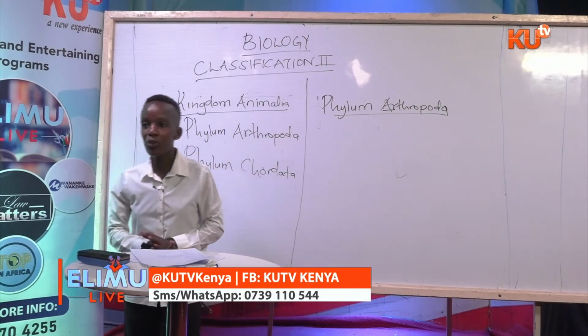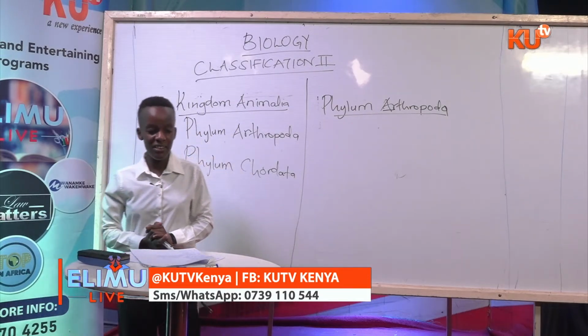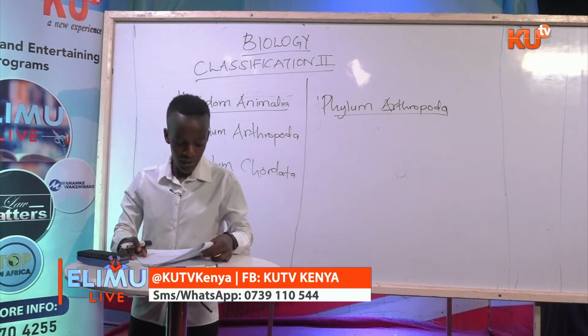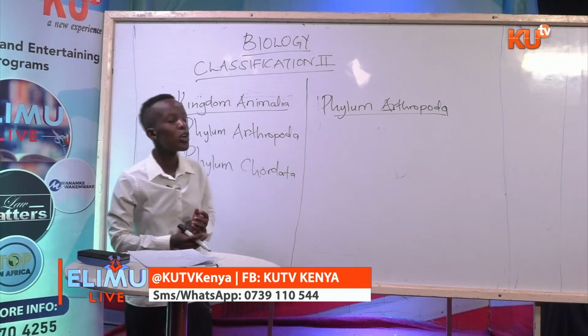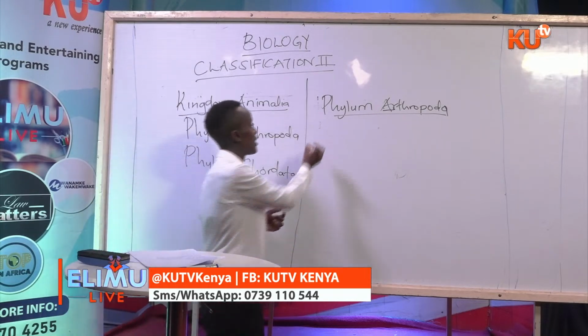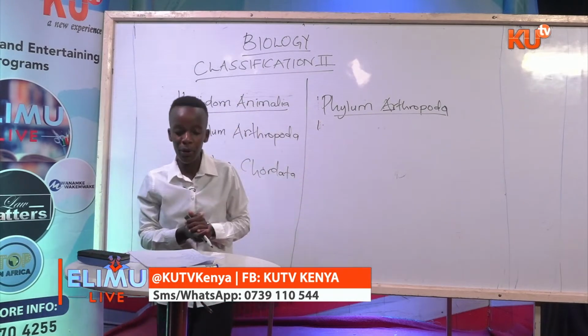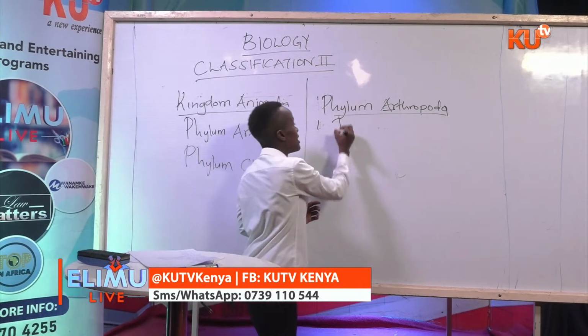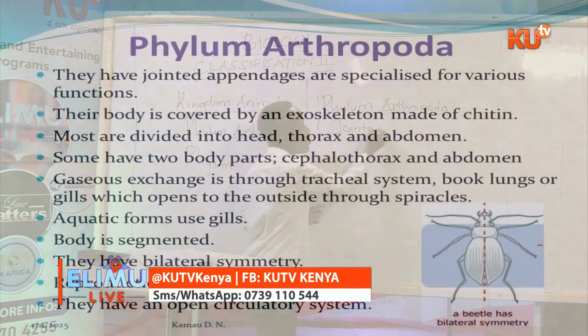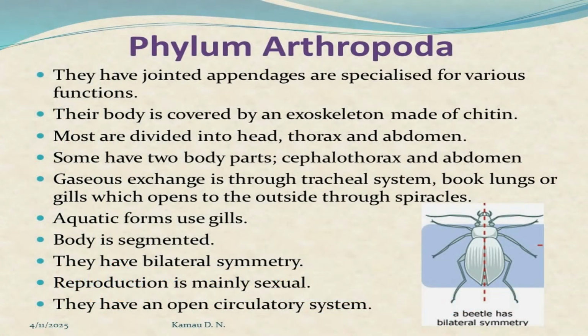Under Phylum Arthropoda, the general characteristics are as follows. The first characteristic is they have jointed appendages. I will discuss this more as we deal with the classes.